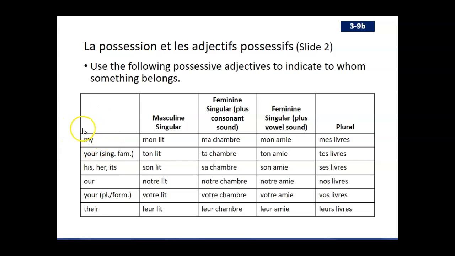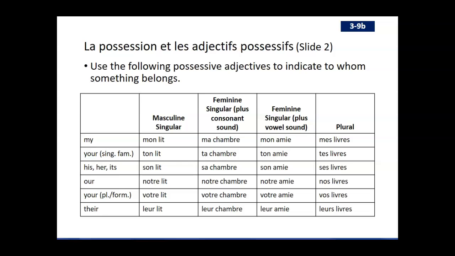So for a possessive adjective like my, you have a masculine singular form, which would be mon, so a nasal vowel in that word, mon lit, my bed. Feminine singular, so chambre is a feminine noun, la chambre, so I'm going to need to use a feminine form of the possessive adjective for my before that, and that would be ma chambre.